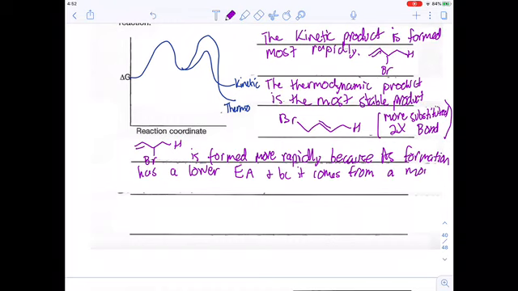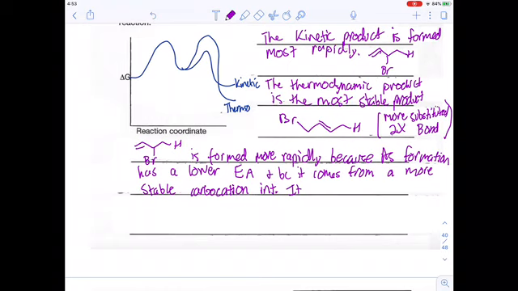And because it is from a more stable carbocation intermediate. I'm going to abbreviate intermediate as INT.